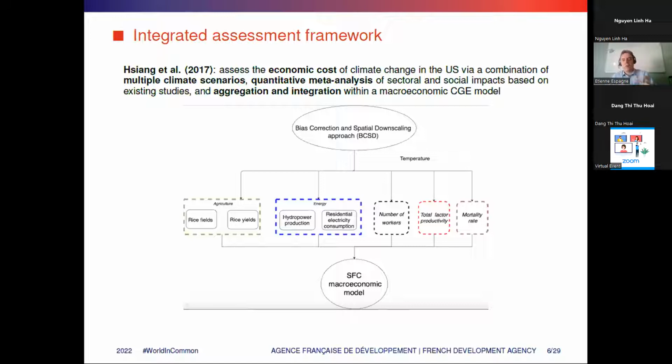And then we had more general variables that we tried to assess, like the impact on the number of workers via labor productivity impacts, the impacts on total factor productivity using firm level data, and the impact on the mortality rate, so health in the more general sense, that will then affect the dynamics of our macro trajectories.